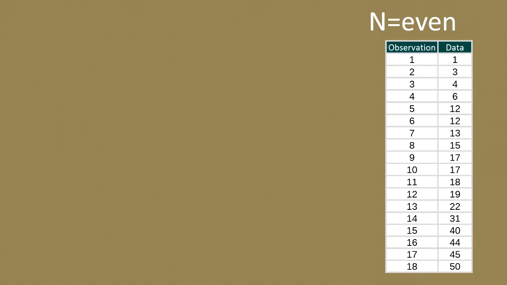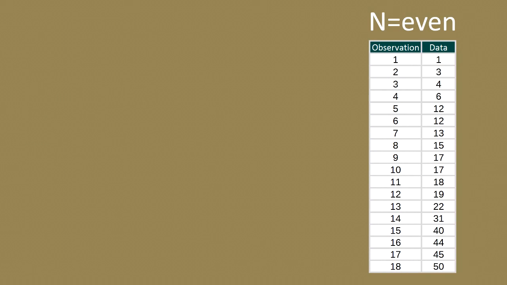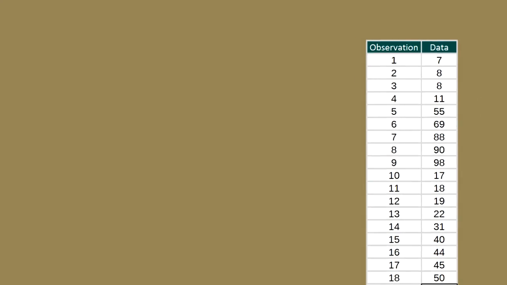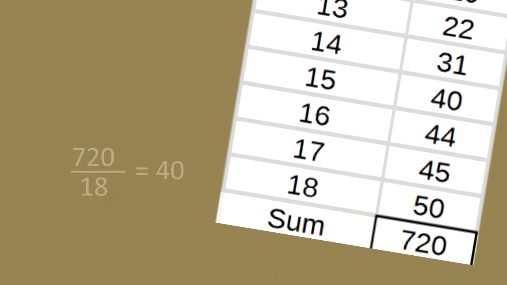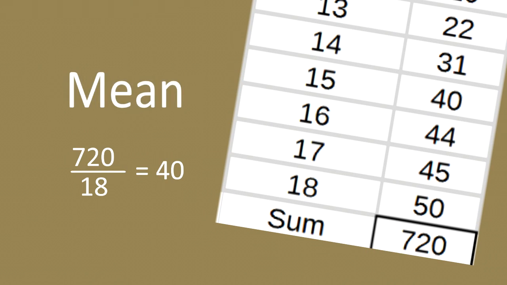When the number of observations is even, the median is the mean or average of the value of the two center observations. The mean, of course, can be calculated by adding up the values for all the observations and dividing by the number of observations in order to generate a mean average.